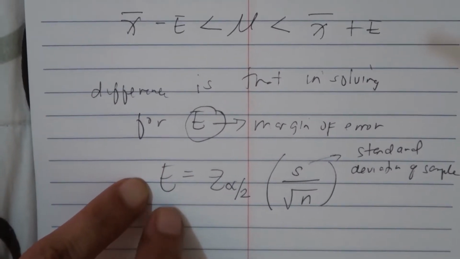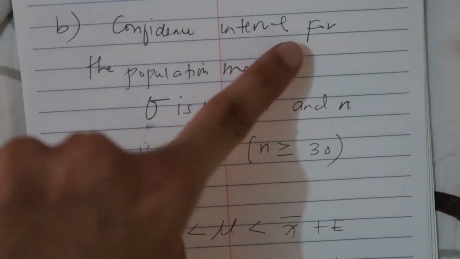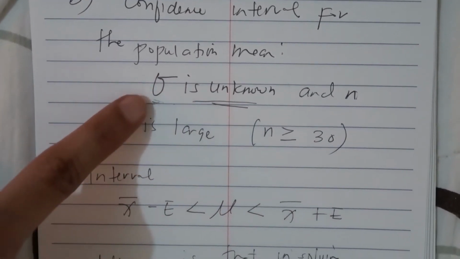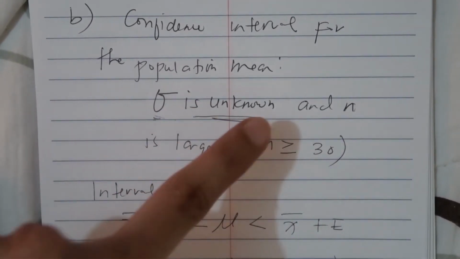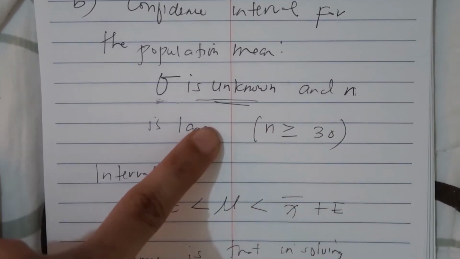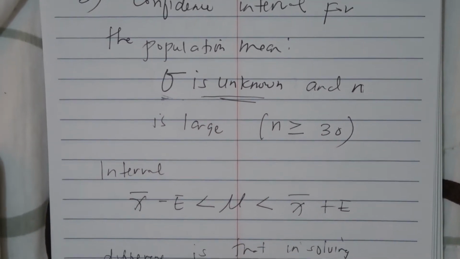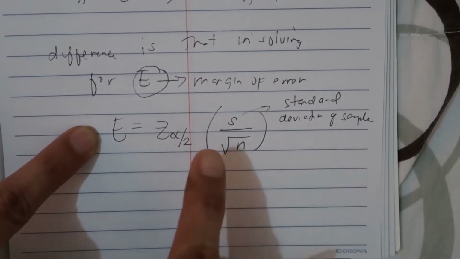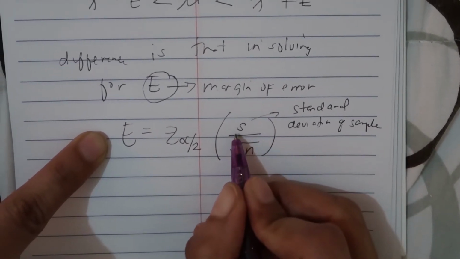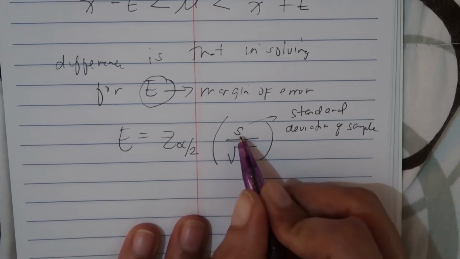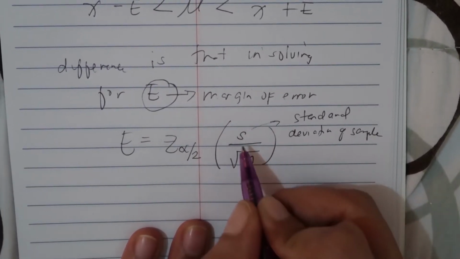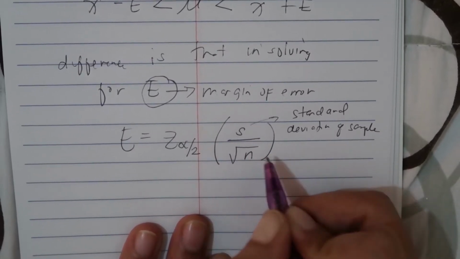So in getting the margin of error in the second condition, which is the confidence interval for the population mean where sigma, the standard deviation of the population, is unknown and n is greater than or equal to 30, the margin of error will be Z alpha over 2 multiplied by the standard deviation of the sample divided by the square root of n.